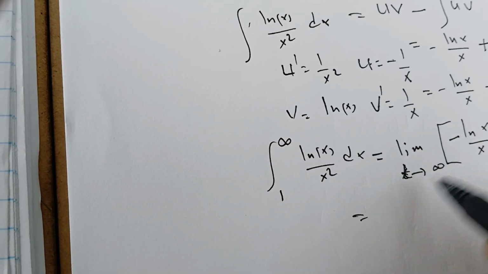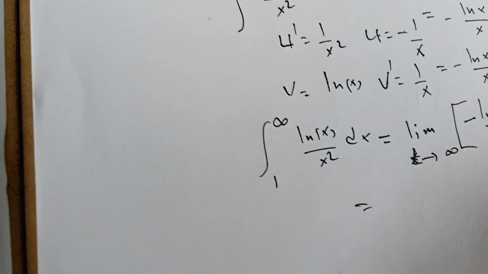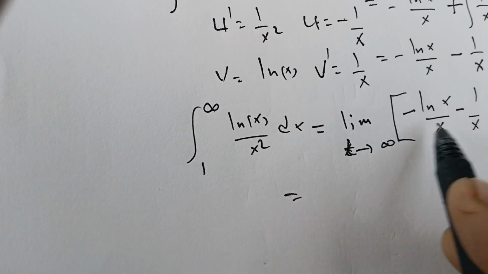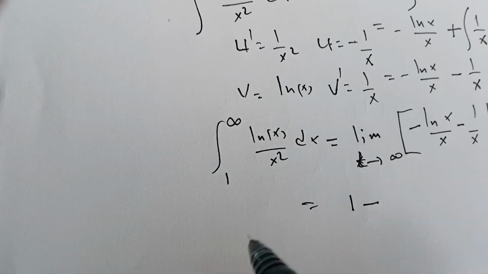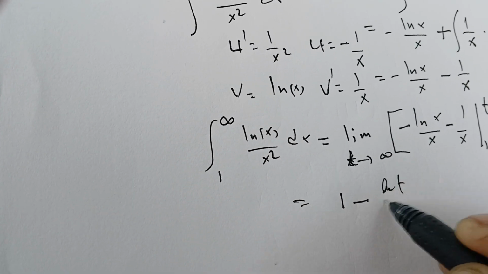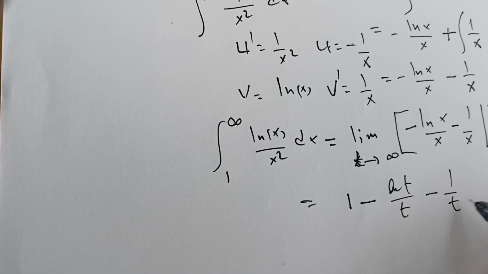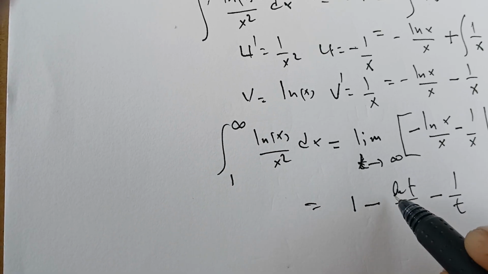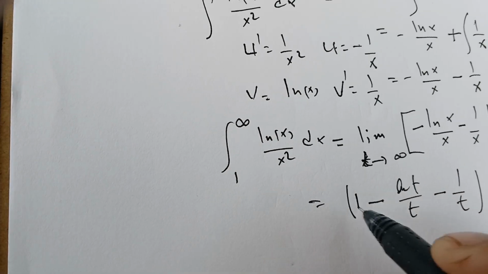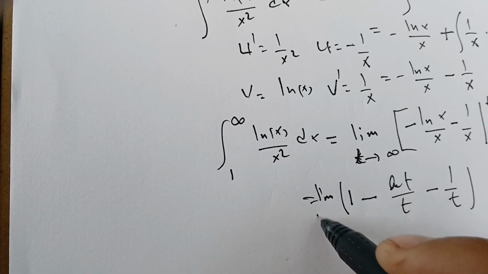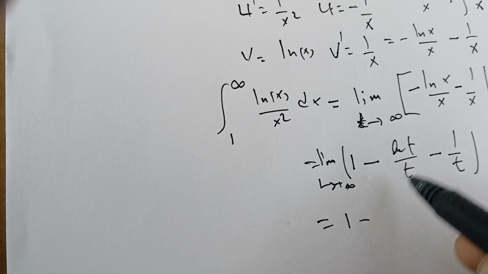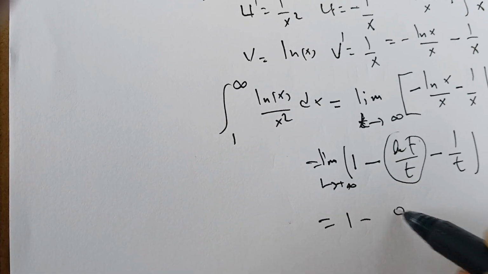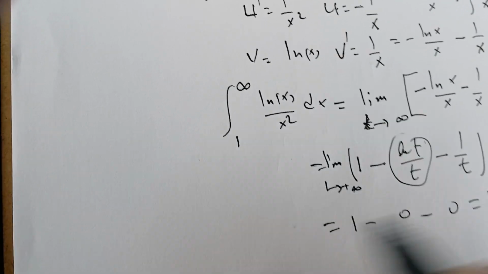At 1 first, because of the minus, we get rid of the minus, so we have 1 minus ln of t over t minus 1 over t, as t goes to infinity. Here this is 1, this is 0, and this is 0, so I have 1.